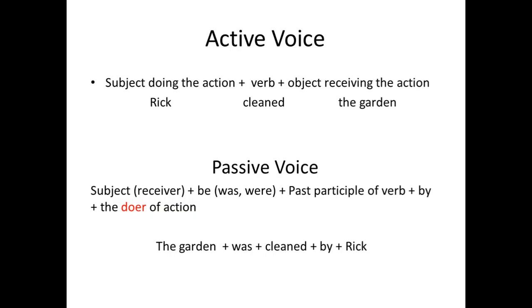So if we ask, who cleaned the garden? Rick cleaned the garden. Rick took an action to clean the garden. So again, the garden is receiving the action which was done by the subject.